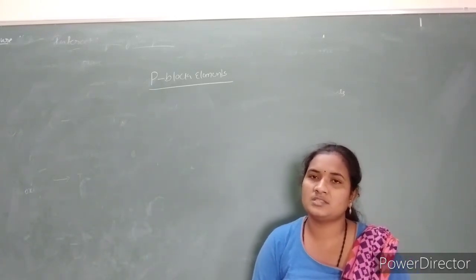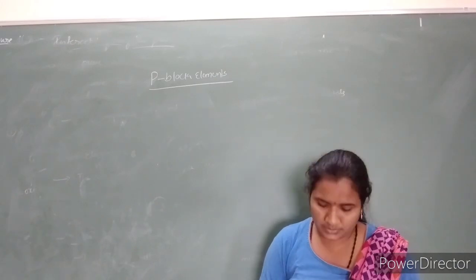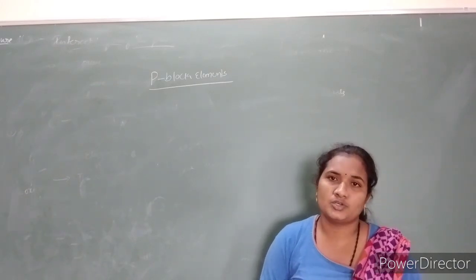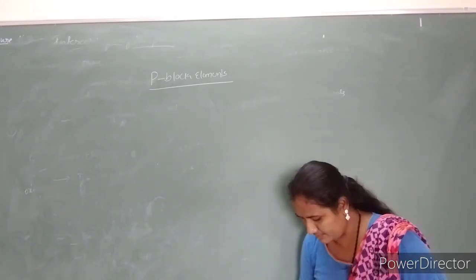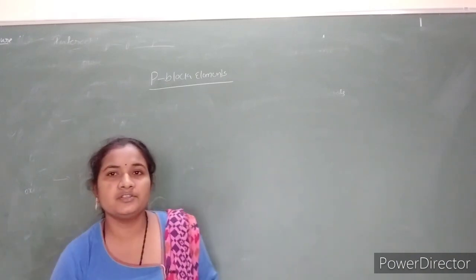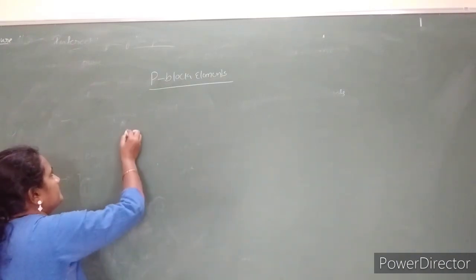If we move towards the particular group elements, you have only the 13 group elements as well as the 14 group elements. So firstly we will discuss the boron family, that is the 13 group elements.